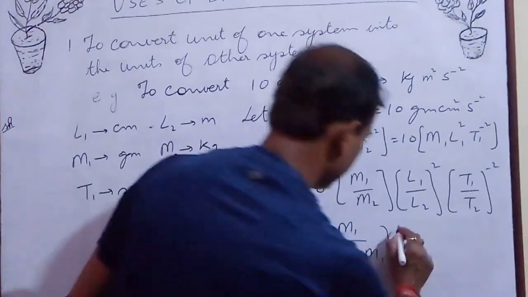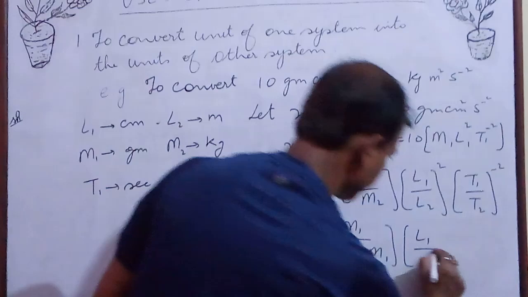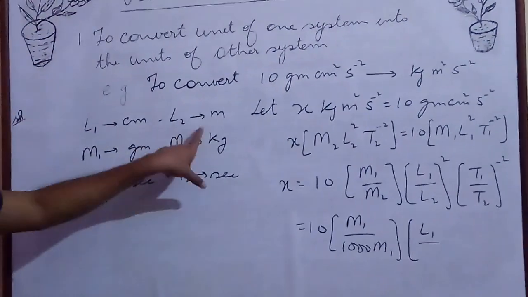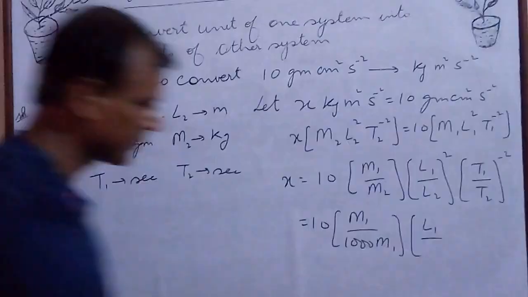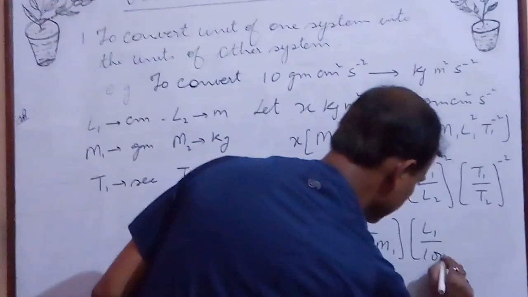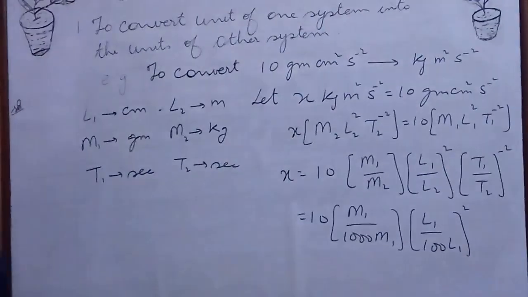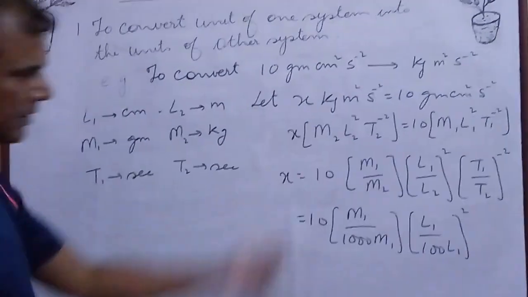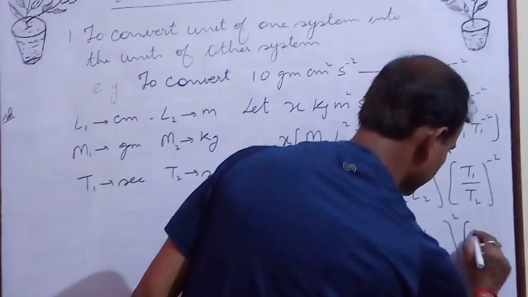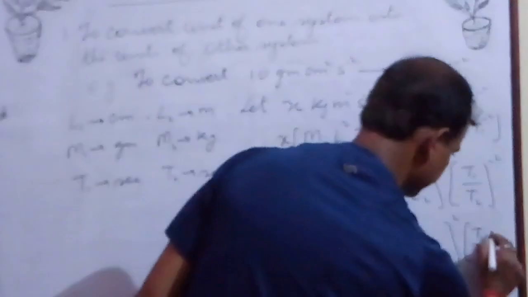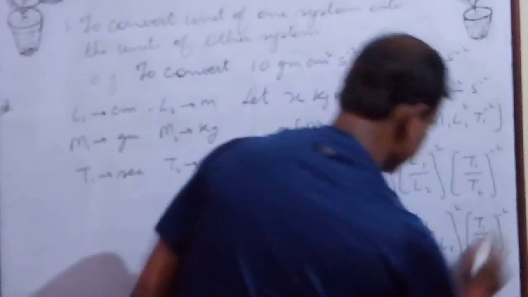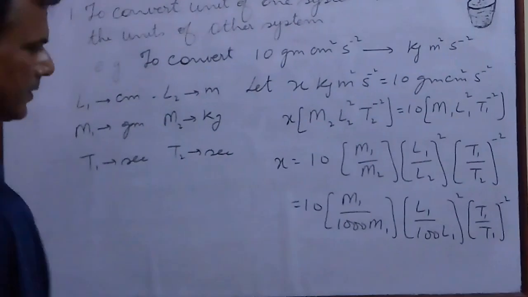Similarly, L1 is in centimeter, L2 is in meter, so L2 is 100 L1, to the power 2. And T1 and T2 are the same, so this is T1 upon T1 to the power minus 2. Now this cancels.